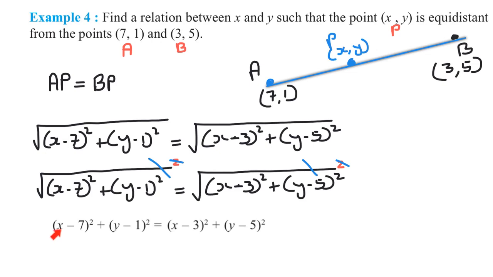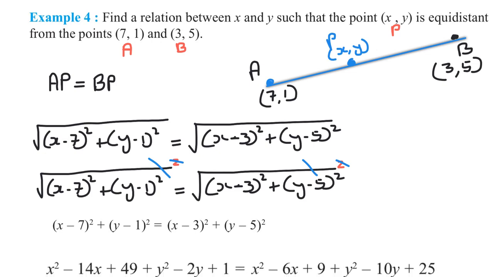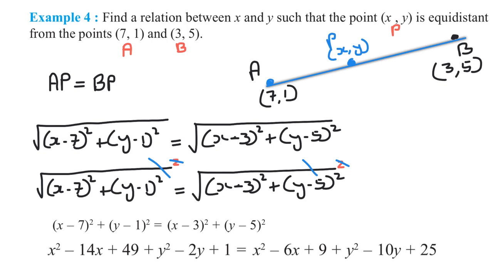Is this in the form a minus b the whole squared, which is nothing but a squared minus 2ab plus b squared? Same thing we can apply for all these, and what do we get? If you expand a minus b the whole squared for these terms, you get x squared minus 14x plus 49.